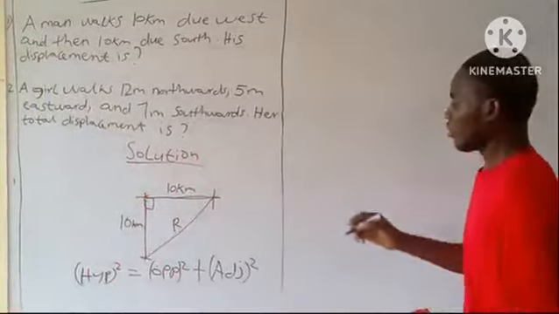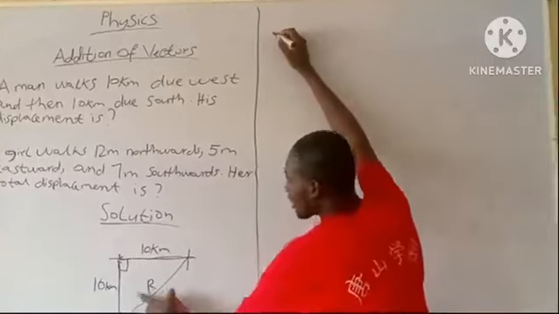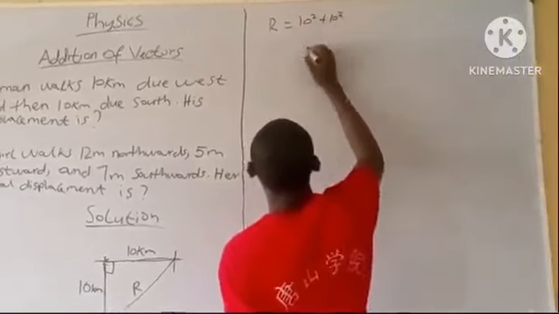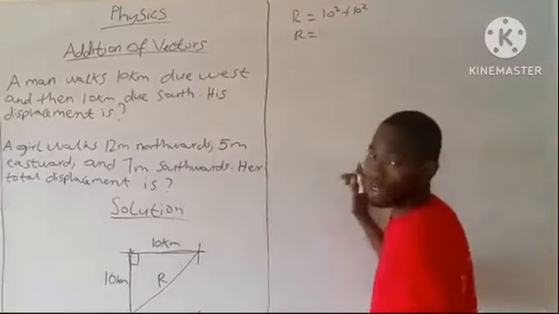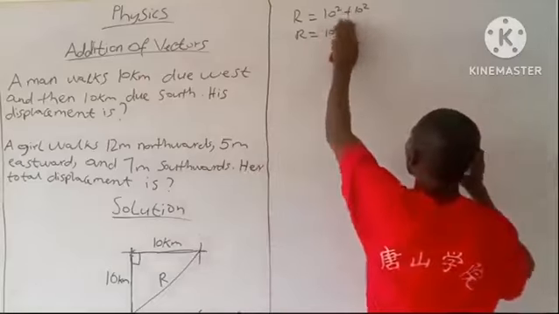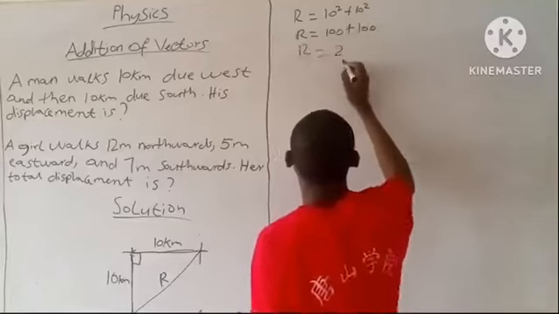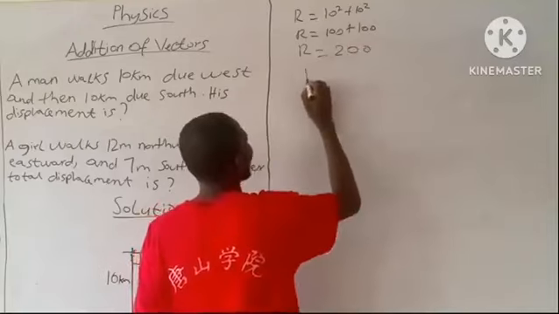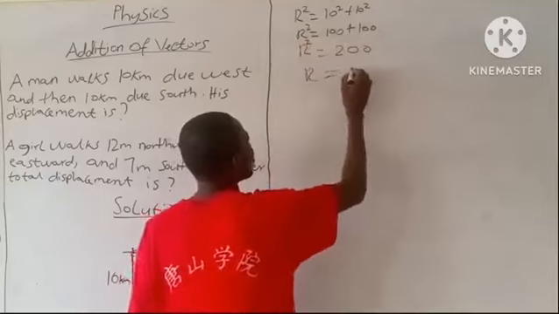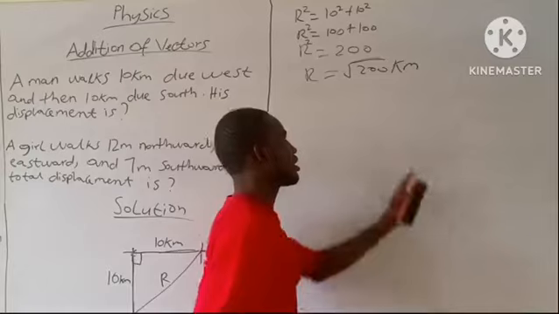This is your hypotenuse, the longest distance, and the hypotenuse is R. So R squared is equal to 10 squared plus 10 squared. 10 squared is 100, plus 100. So R squared is equal to 200. Therefore R is equal to the square root of 200 kilometers, the units.